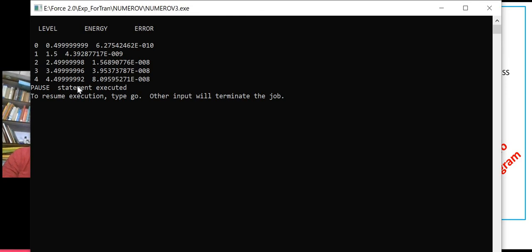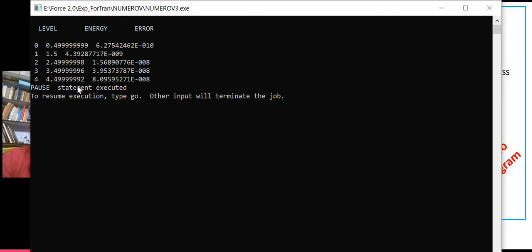They are coming in this fashion because I have deliberately taken h bar in atomic unit, that is 1, K also I have taken the value 1, and M has also been 1. So h nu is 1, so the exact energy expression is n plus half times h nu.